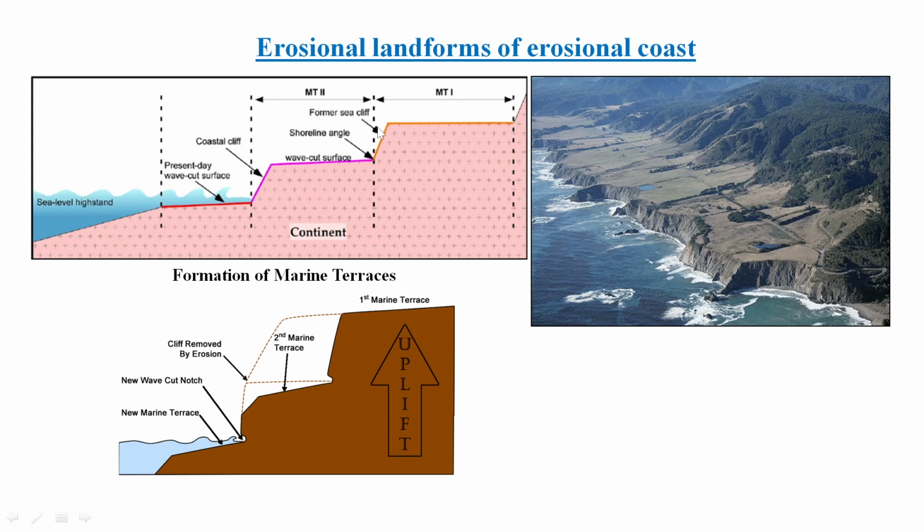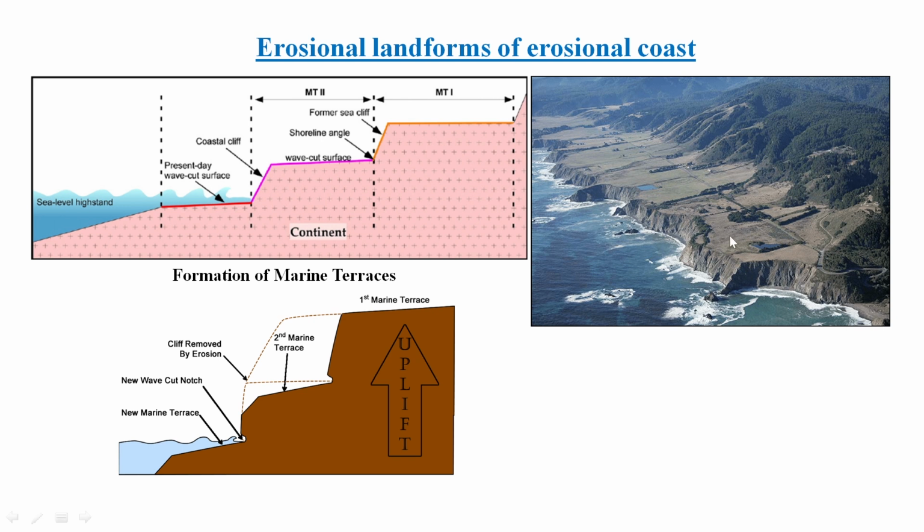Then talking again about the marine terraces or the coastal terraces. Just by looking at this diagram, there is again a beautiful drone image of a coastal terrace, or you can say marine terrace, where earlier the sea was somewhere along the upper terrace.